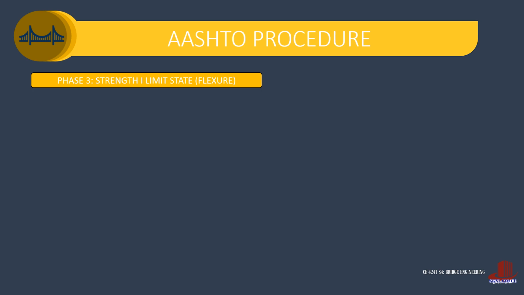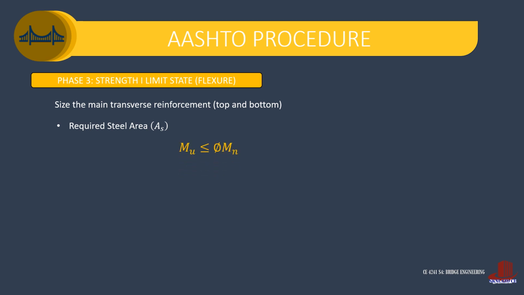After learning the shear and moment for each girder, we move further by designing the deck reinforcement. Then we check flexure. First is to compute for the required steel area, where we use the computed ultimate moment from the strength limit state and compare this with phi times the nominal moment.